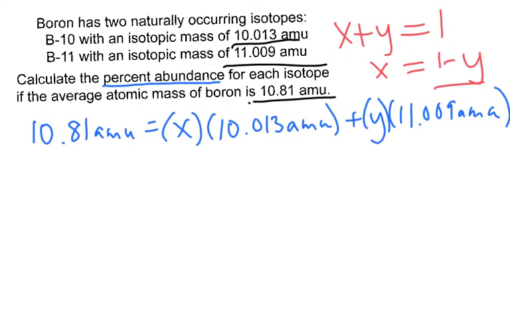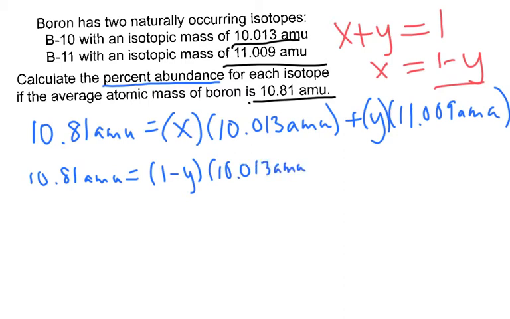So I'm going to sub it in for X now. 10.81 AMU is equal to 1 minus Y times 10.013 AMU plus Y times 11.009 AMU.